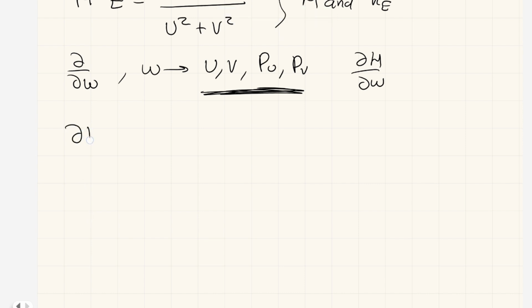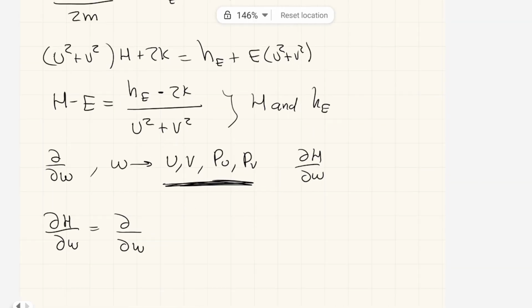So the partial of h with respect to w is equal to the partial with respect to w of h in terms of he.